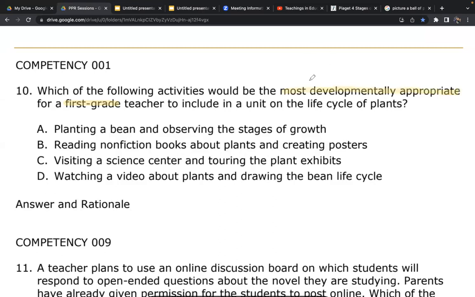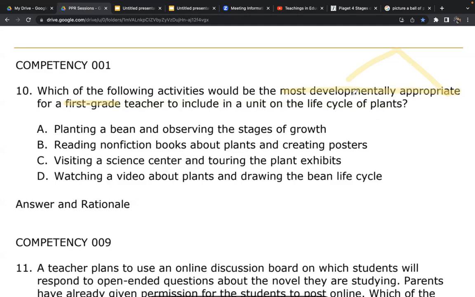Anytime they say developmentally appropriate, what did I say on Wednesday? I think we went over a review of keywords and phrases, and I said whenever you see developmentally appropriate, they're trying to make you pay attention to where they are cognitively, physically, emotionally, and how that might impact the effectiveness of the activity, like which activity is most effective based on where they are developmentally.